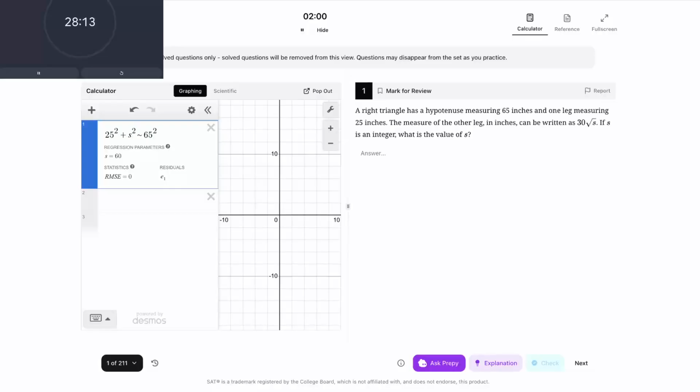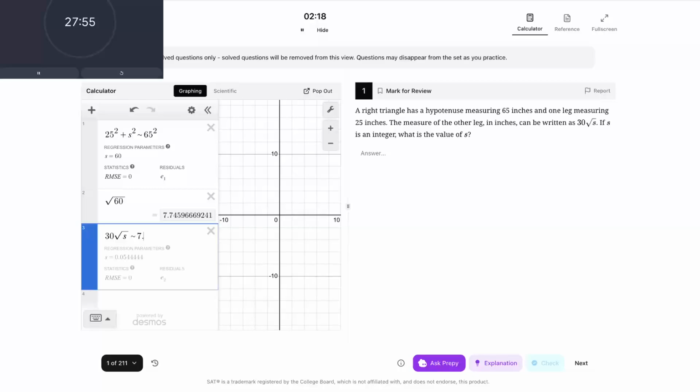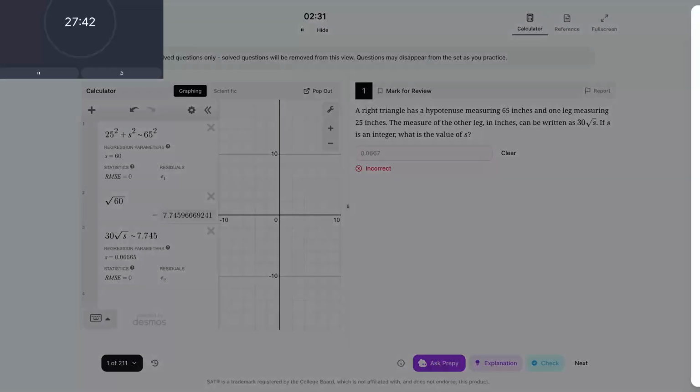Oh, this is equal to 60, right? And square root of 60 will be this right here, and we have 30 to the s, which has to be equal to this right here, which is 7.7459 something. So let's try that. Actually, 0.066666, and then we'll put 7 in. Okay, cool.